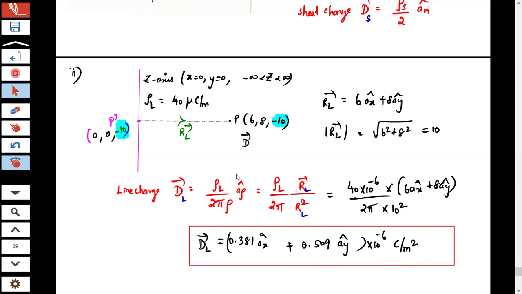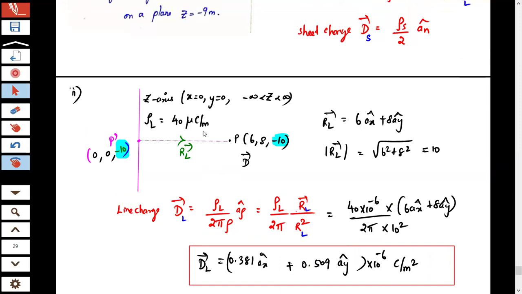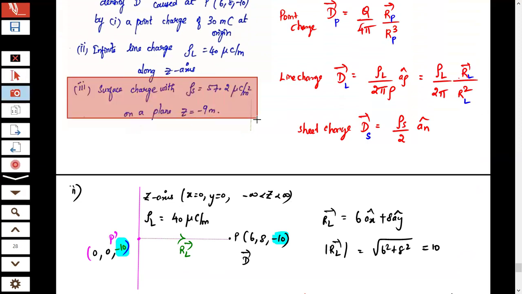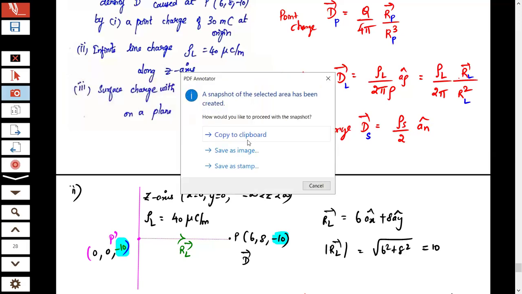Next, we should do the surface charge consideration. For the surface charge consideration, a surface charge density of 57.2 microcoulomb per meter square is present on the plane z equal to minus 9.